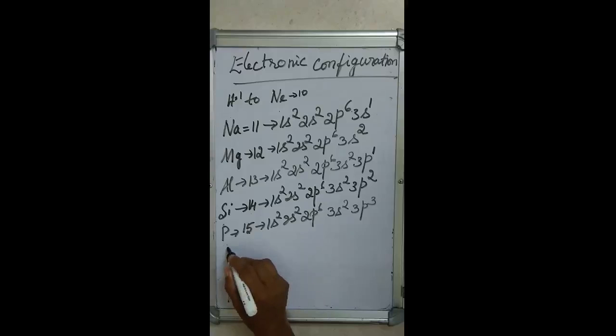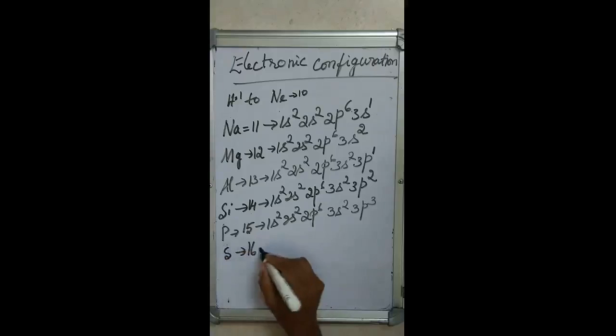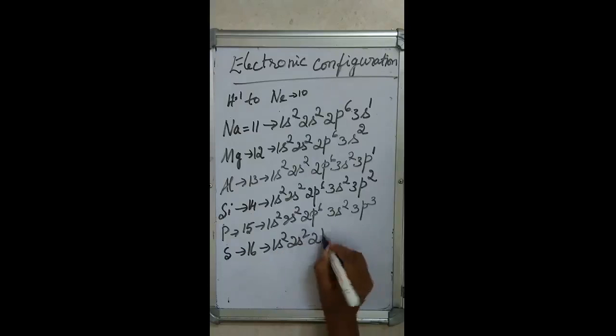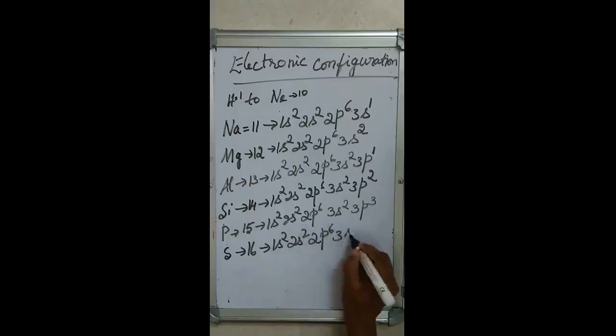Then sulfur 16: 1s2, 2s2, 2p6, 3s2, 3p4.